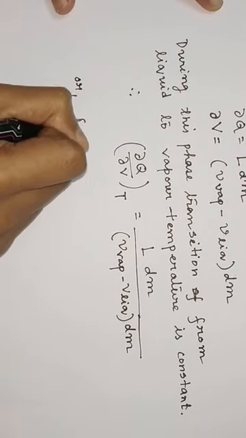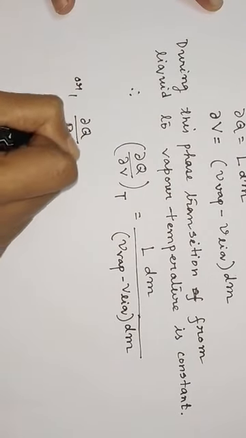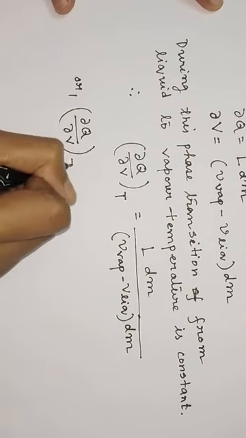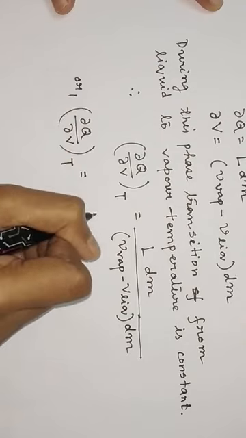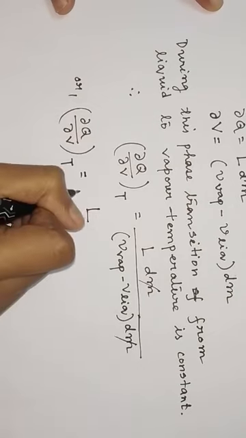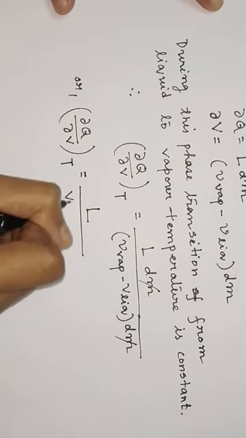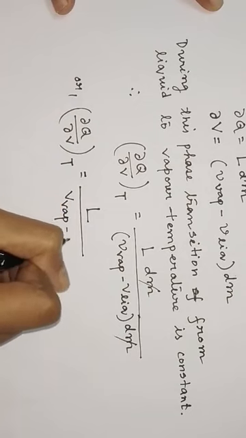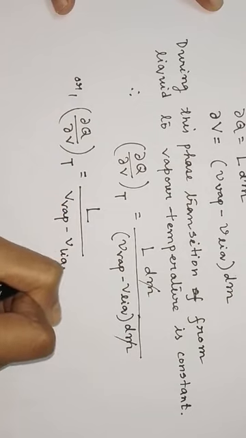Or del Q del V at constant T is equal to L by, so this dm and this dm will be cancelled, and we will have L by (V vapor minus V liquid).